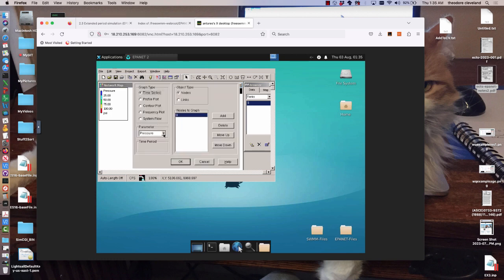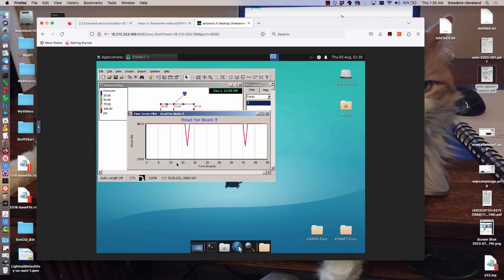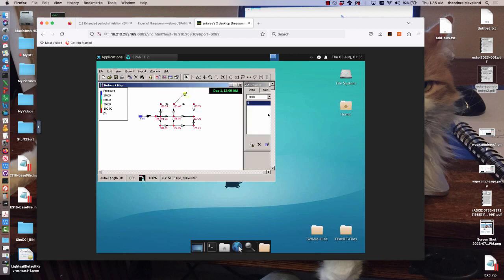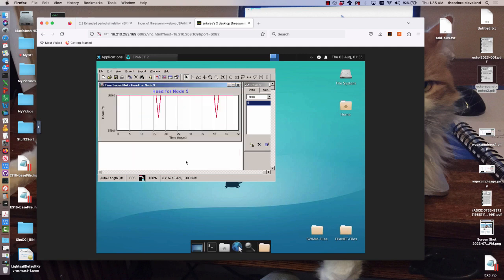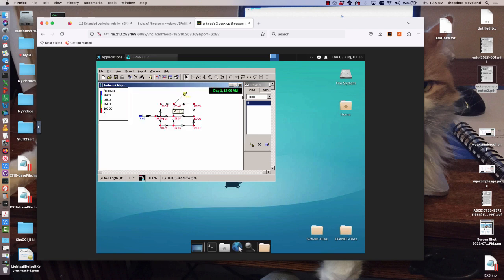Time series, I don't want pressure, I want head. In that case, the tank didn't drain, so the pump was doing more than we would expect.